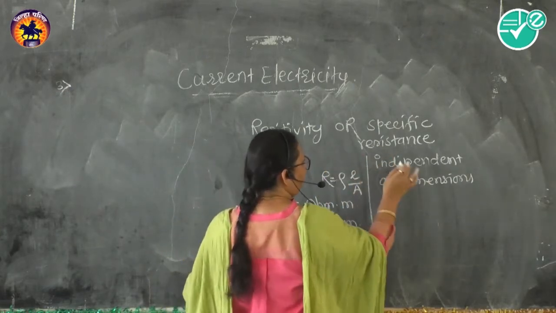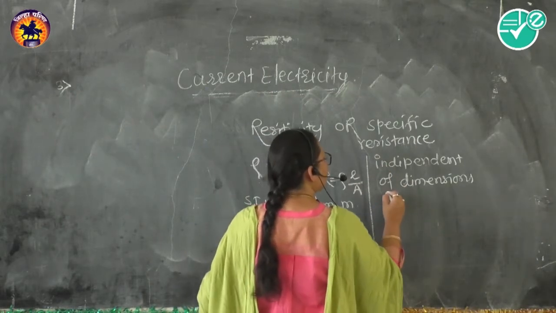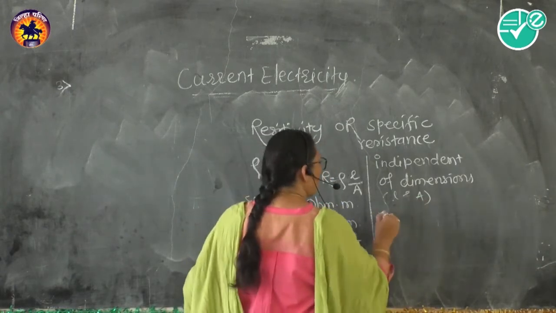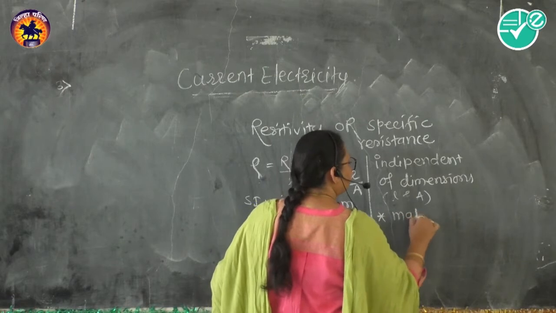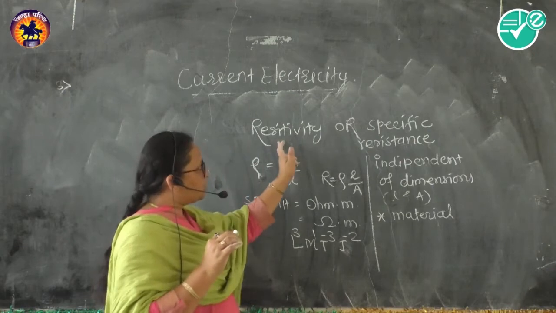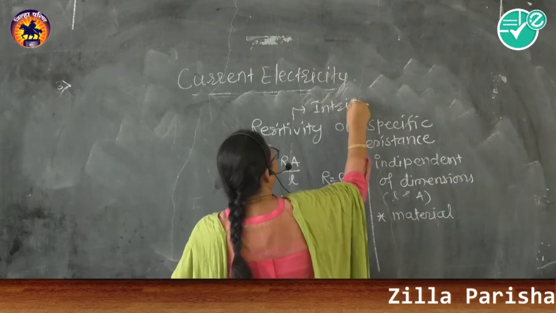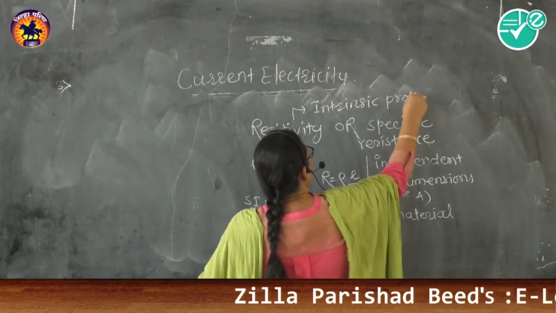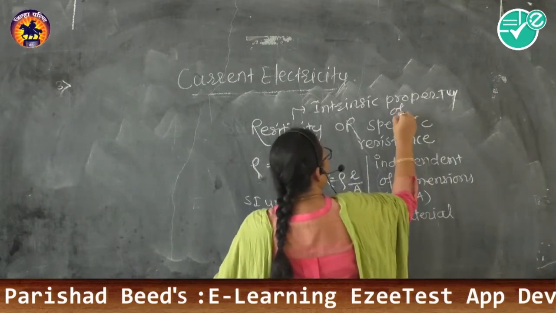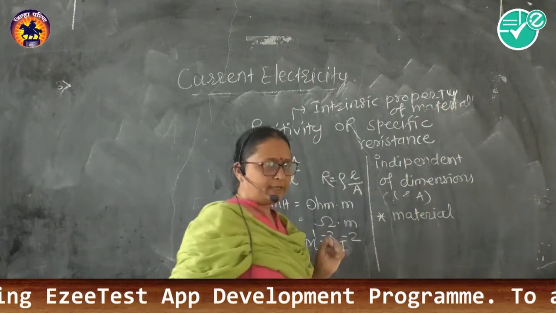So the specific resistance is independent of dimensions. That means it does not depend on L and A, but it only depends on the nature of the material, because resistivity is an intrinsic property of the material, purely a property of the material.